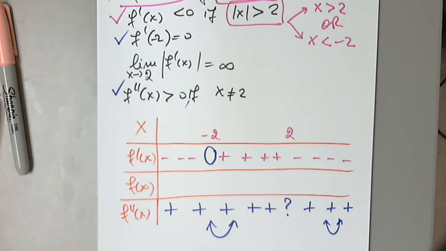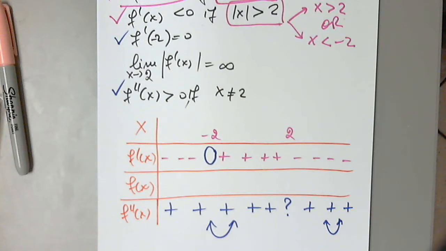The limit of the absolute value of the derivative is infinity. What does that mean? So when x approaches 2, it means that the function is not differentiable, right?